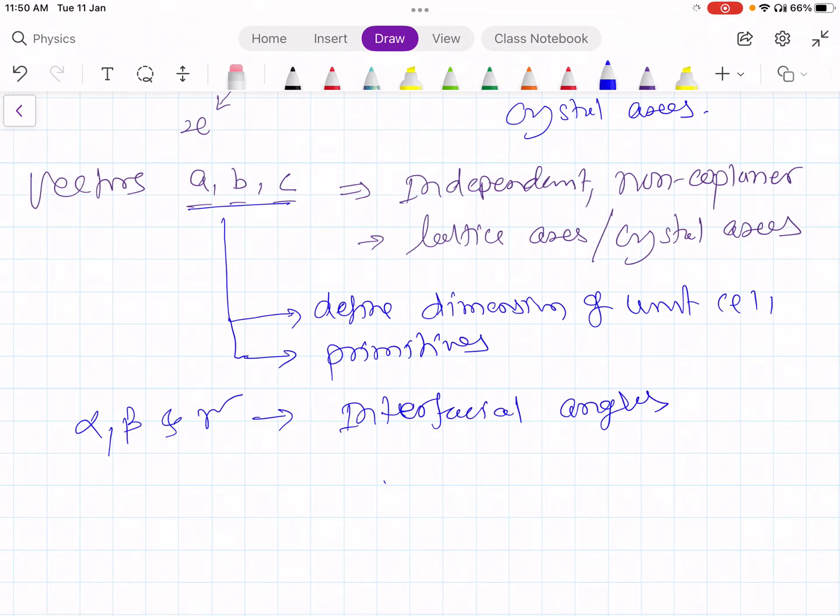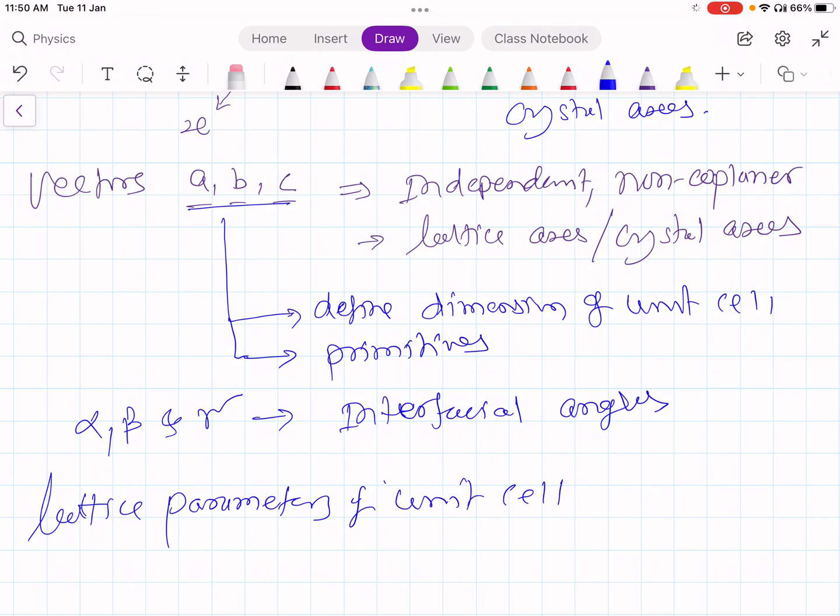So if you want to state the lattice parameters of the unit cell, the lattice parameters of the unit cell are primitives, that is vectors A, B, and C, and interfacial angles.